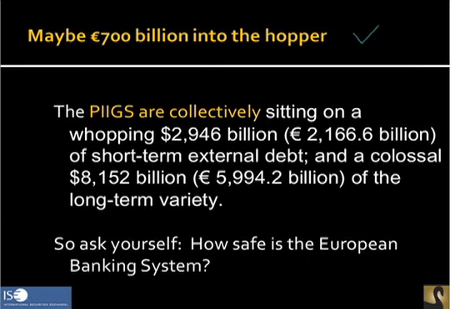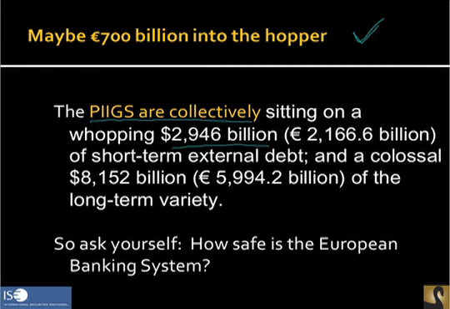In this day and age, trillion here, trillion there. I know it's getting ridiculous, but if you look at the actual debts in what we call the PIGs collectively, Portugal, Italy, Ireland, Greece, and Spain, when we got these numbers from Lido Research, these aren't ours, but we think they're accurate, and they're probably about 2 months old, sitting on 2.9 trillion or 2,946 billion.